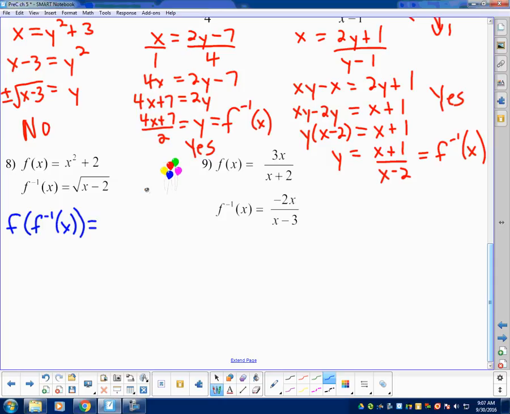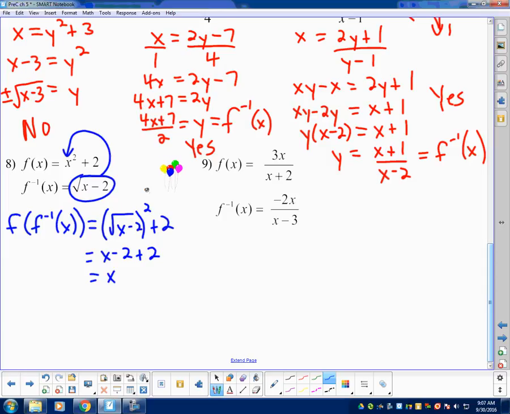And so it looks like we're going to take this right here and put it in right here. So it's square root of x minus 2, squared, plus 2. What are we hoping this will equal? x. Okay. So squaring undoes the square root, so I have x minus 2 plus 2, which equals x.